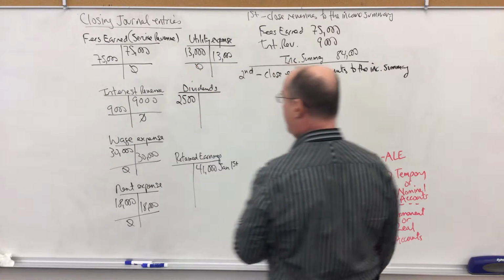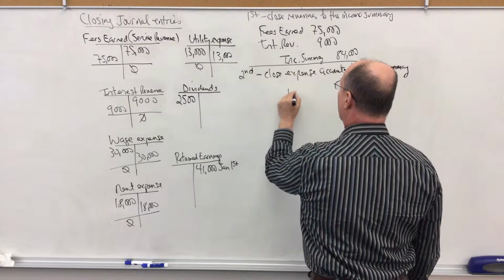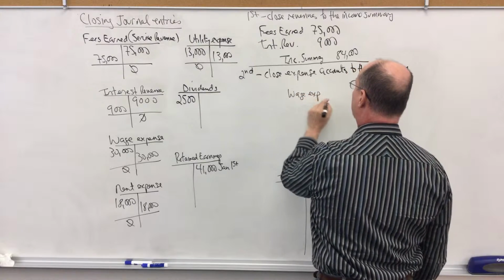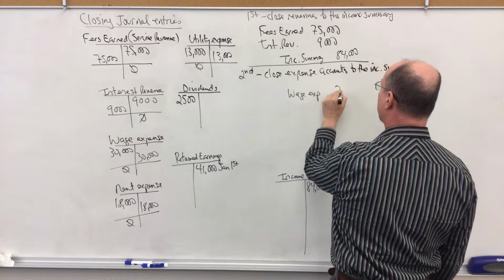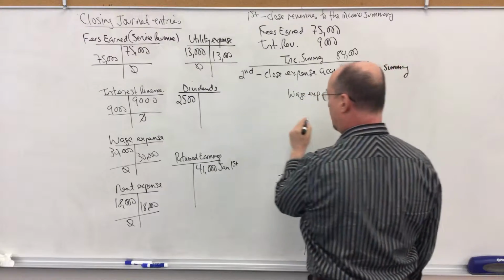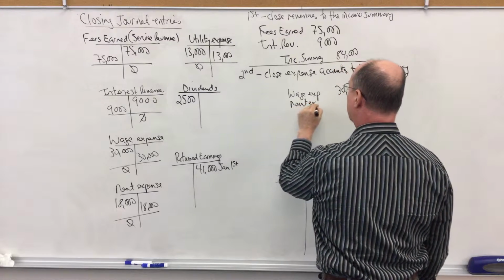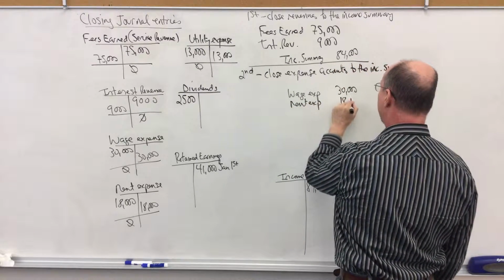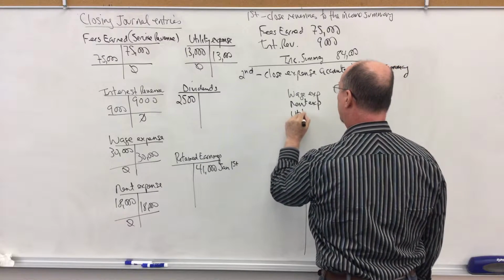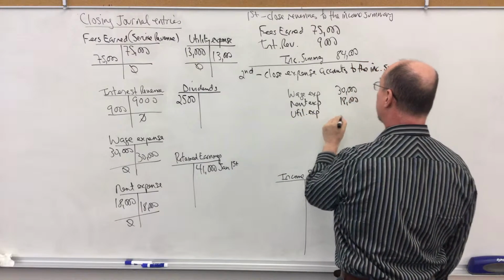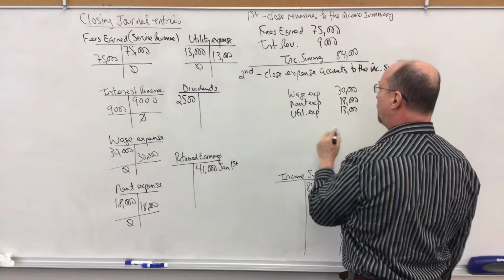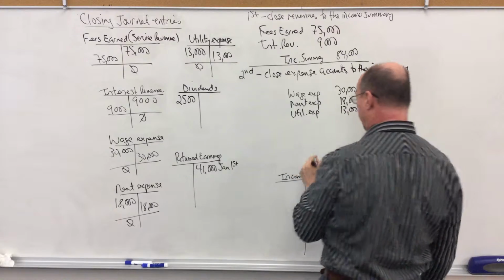Okay, so we credit wage expense, rent expense, and utility expense, and we're going to debit the income summary.